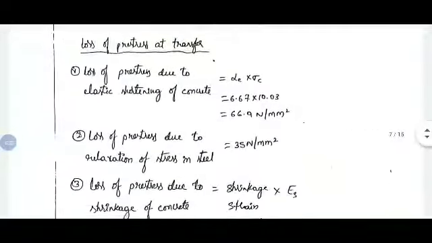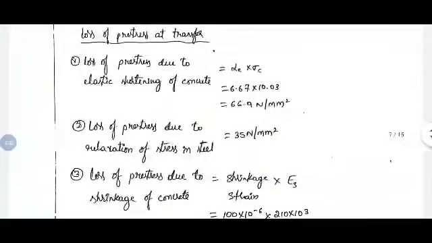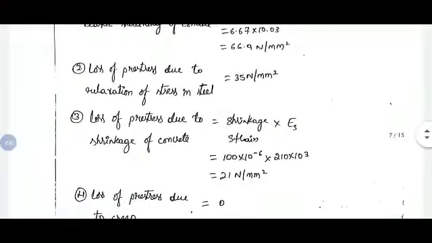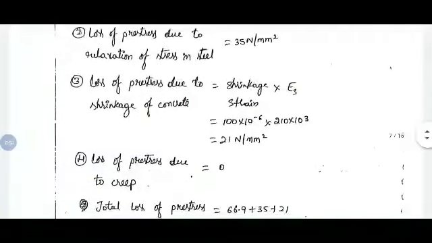Then loss of prestress at transfer, that means immediate losses, the losses which come under immediate losses. One is elastic shortening, relaxation of stress in steel. It is both, it will come under immediate loss and time dependent loss. Then shrinkage, it also comes under both, and loss due to creep, it is time dependent.